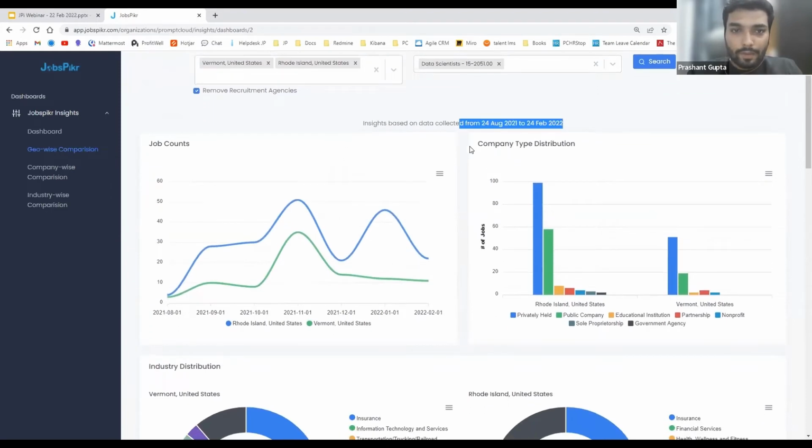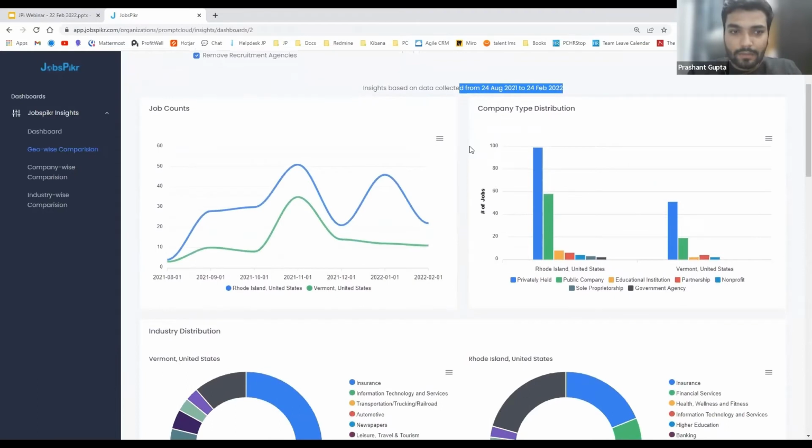Now if we look at the job counts that are available, if a company would be looking at how the jobs are distributed in these particular states, we'll start from what the openings are, and how as an organization we will compete with others in the market.